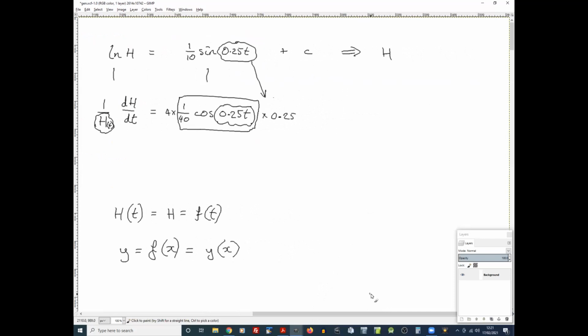H equals... how do you get rid of a log? So, for example, log.